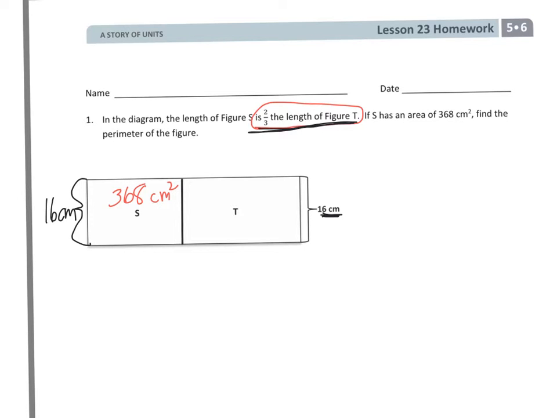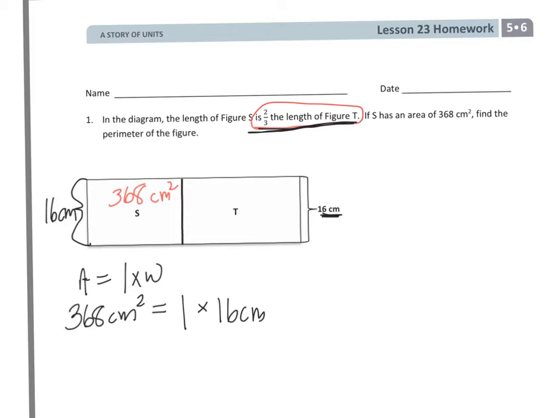length of S. And I can do that because I have area. And I know area equals length times width. And my area is given to me. And I don't know the length, but I do know the width, which is 16 centimeters.